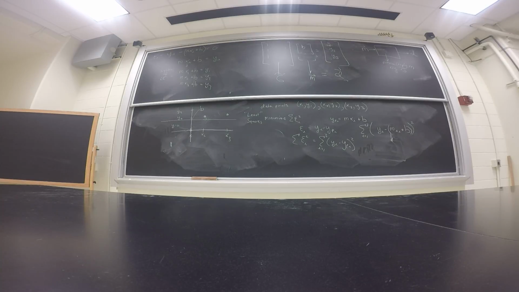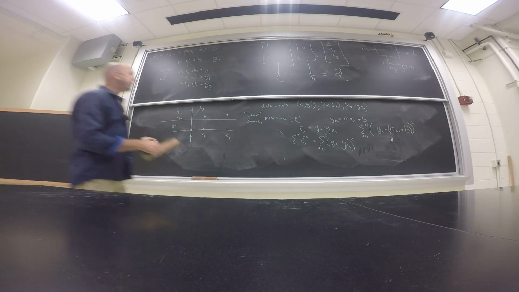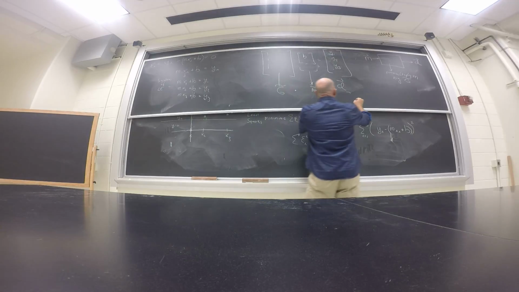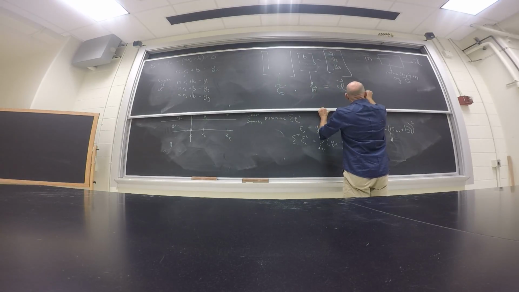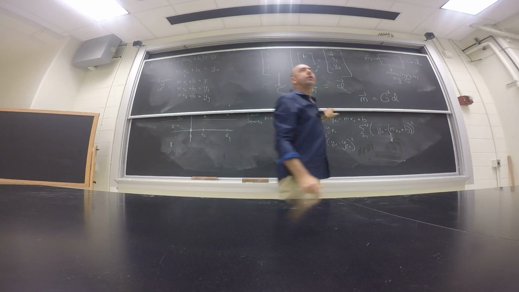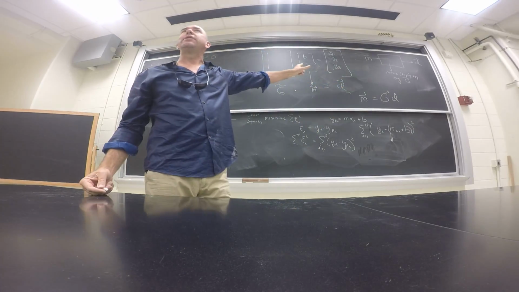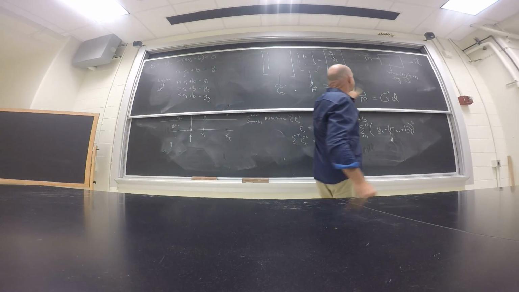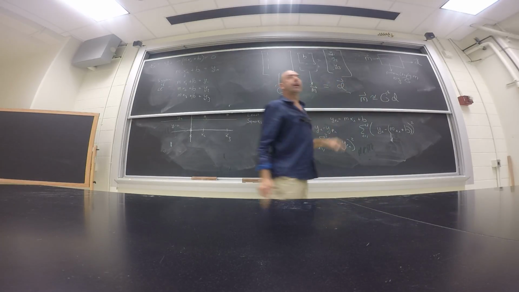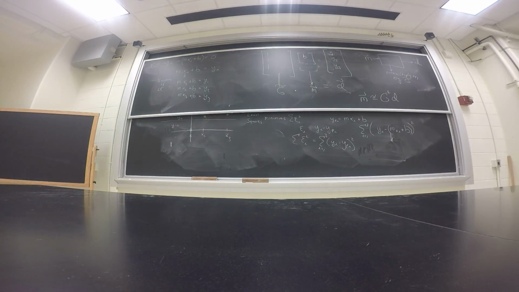And oftentimes the way we do that, if we have g dot m equals d, is we find that the model is equal to g inverse of d. Now it turns out that if we have an overdetermined system, g is not square, and so we have to basically do some machinations. So I'll just say approximate in this case. We've got to find a way to calculate the inverse, or we do something more sophisticated to calculate the model.